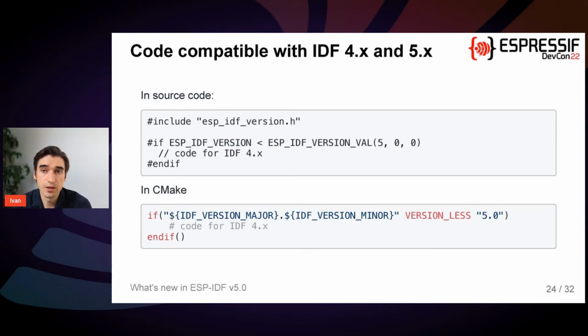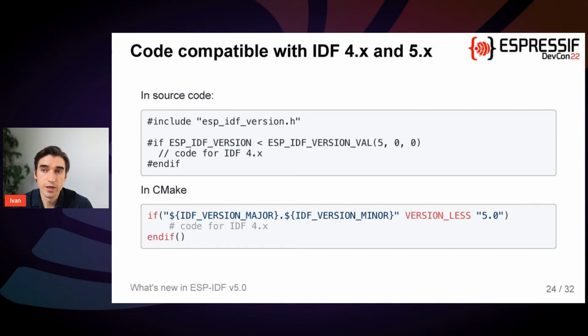Similarly in CMake, you can use IDF_VERSION_MAJOR, IDF_VERSION_MINOR, IDF_VERSION_PATCH variables, and you can use CMake VERSION_LESS, VERSION_GREATER_EQUAL comparisons to compare the version numbers and have custom code in your component or project CMakeLists file for 4.x and 5.x.